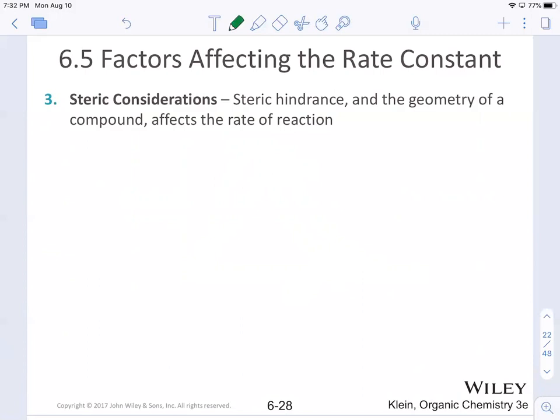So thinking about a couple of subcategories here with steric hindrance, the more steric hindrance you have, it will affect your rate of the reaction. Typically, an increase in steric hindrance means a slower reaction rate. But think about the idea that molecules collide, and so the orientation has to be correct. We'll see that a lot in chapter 7.